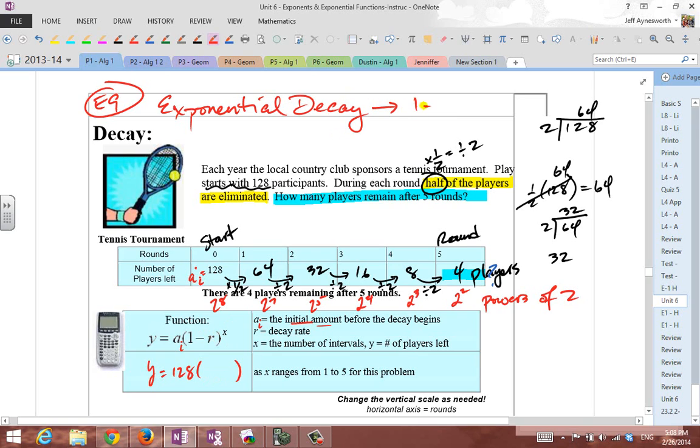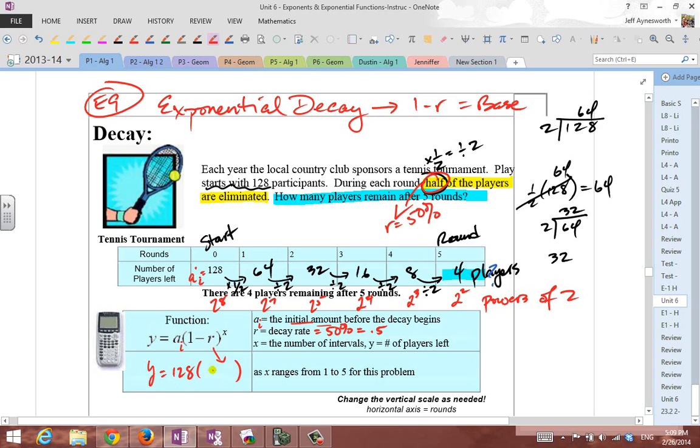The rate of decay is half, so r has got to be 50% because half is 50%. We should know that by previous experience. So the rate of decay is 50% because we're reducing this by half, and that's 0.5.